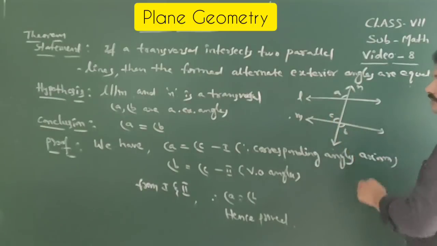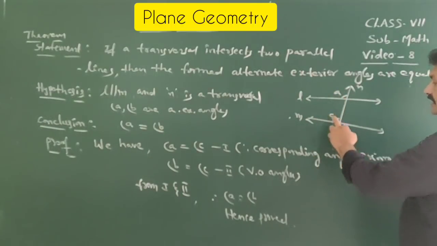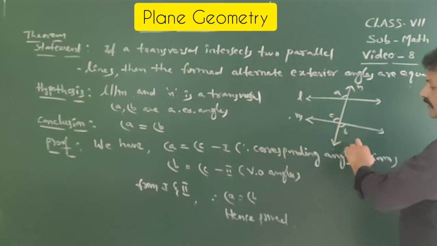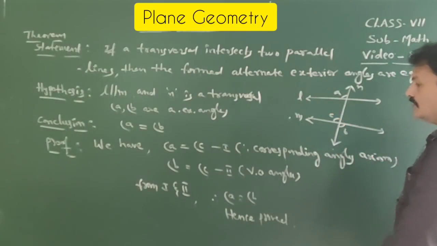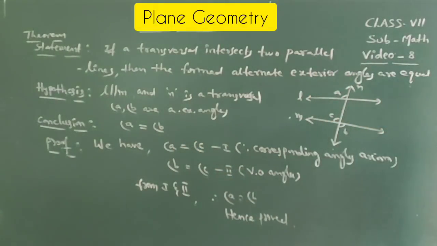That's why they are vertically opposite angles. Again, the first statement A equal to C, again the second statement B equal to C. With the help of these two conditions, two things equal to the same thing are also equal, or equals of equals are equal. So A equal to B, that is the required proof.